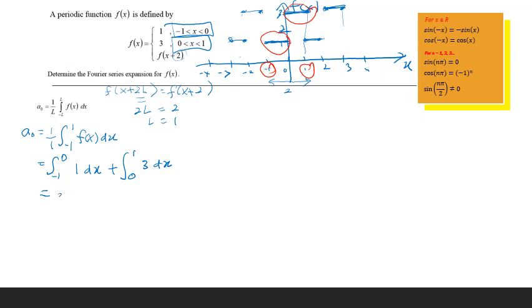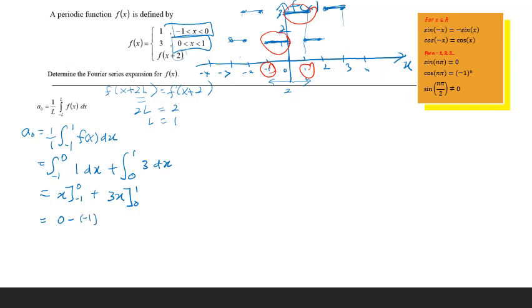So next, we get x from -1 until 0, plus 3x from 0 to 1. No need to put plus C because this is a definite integral. So just substitute the limits into x. We have 0 minus the lower limit, so we substitute with -1.